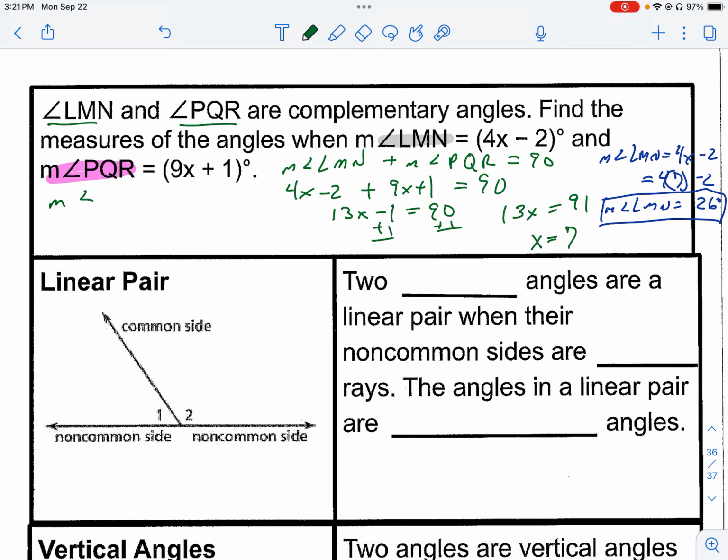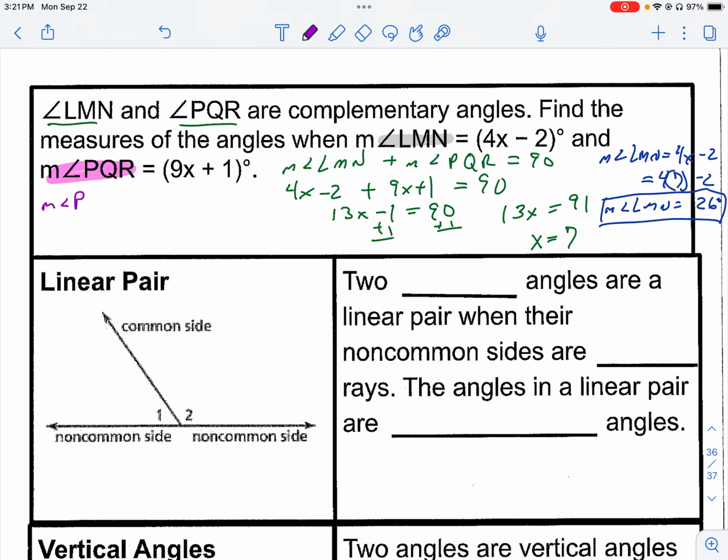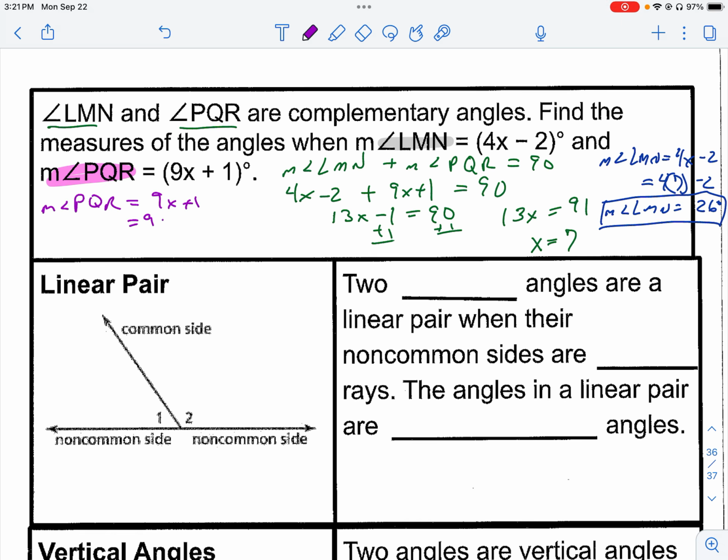And the measure of angle, where I used green, the measure of angle PQR is 9x plus 1. X is 7 still, so 9 times 7 plus 1. So the measure of angle PQR equals 64 degrees. And let's do a quick double check. 64 plus 26 equals 90. Hooray, we did it right.